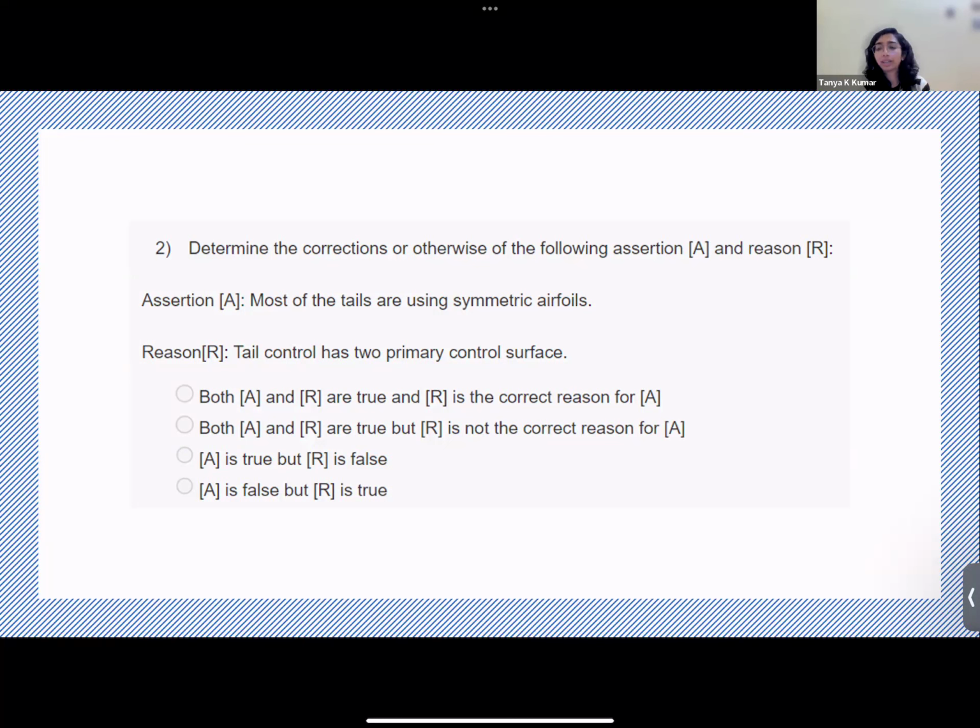Okay, yeah. So no unbalanced forces at the tail. It's not desirable. So yeah, you're right. Equal force distribution. Yes.